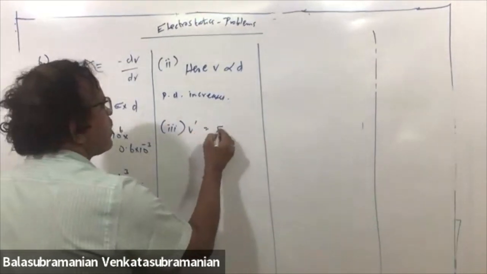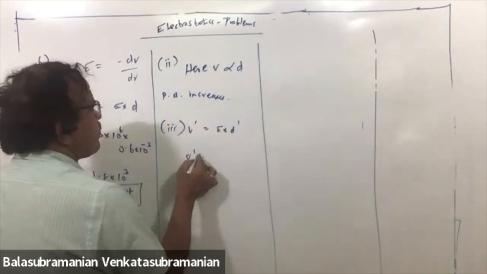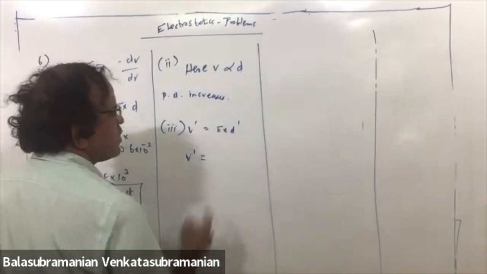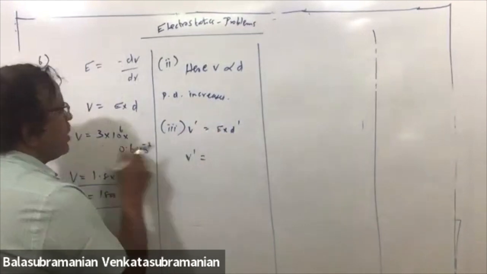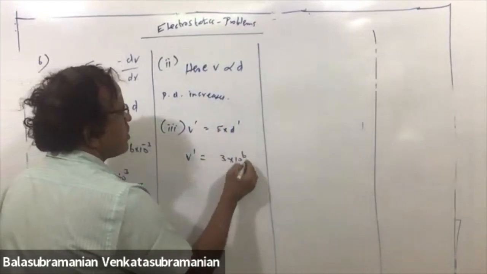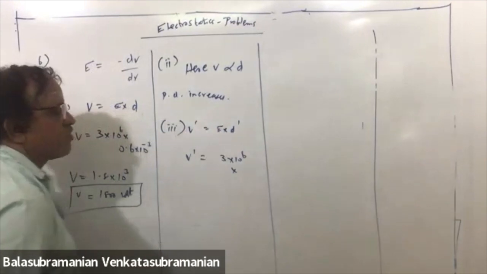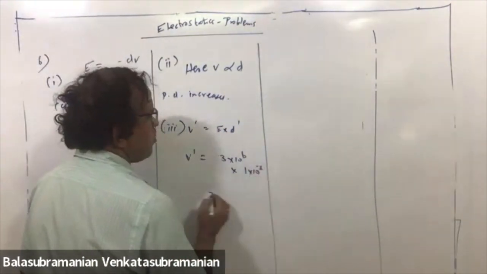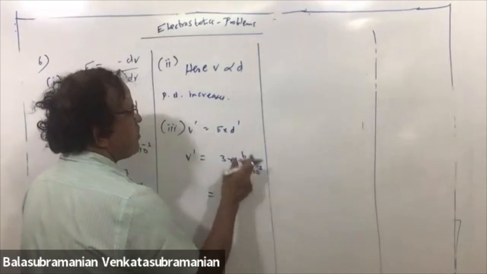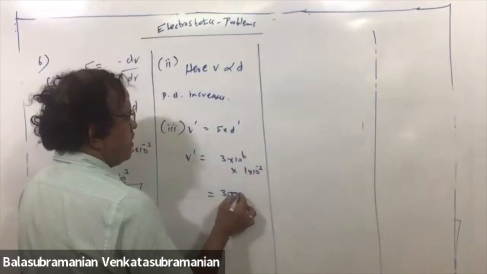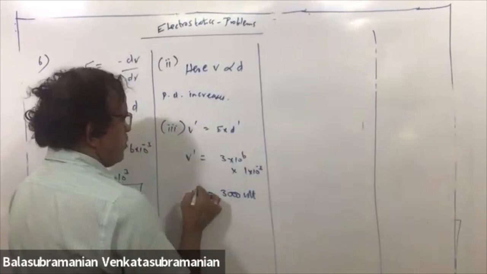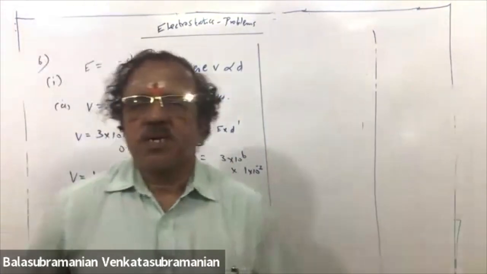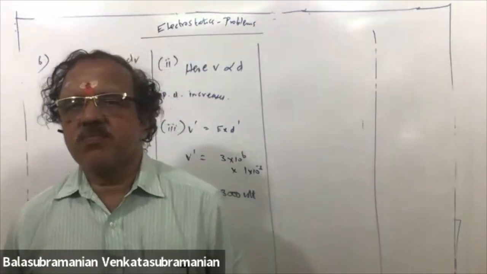So V dash is equal to E into d dash. Electric field is constant, plate distance is changed. So E is 3 into 10 power 6, d dash 1 millimeter, 1 into 10 power minus 3, 3 into 10 power 3. So that should be 3000 volt. Correct? So this is the sixth problem.